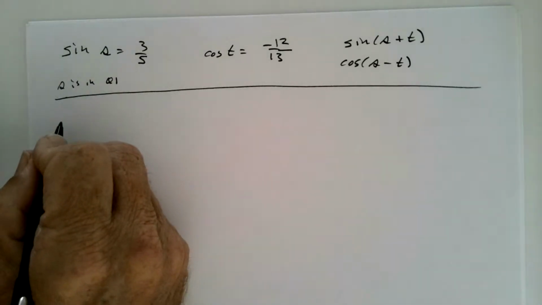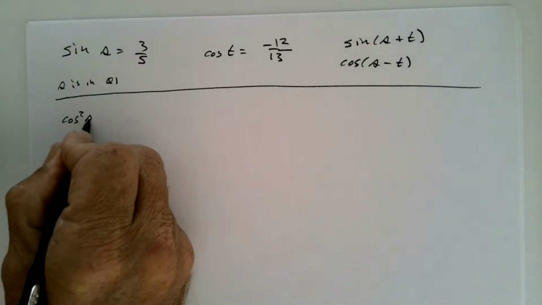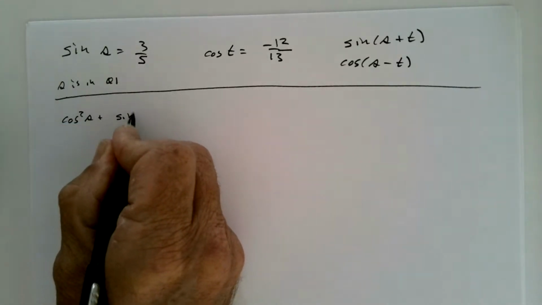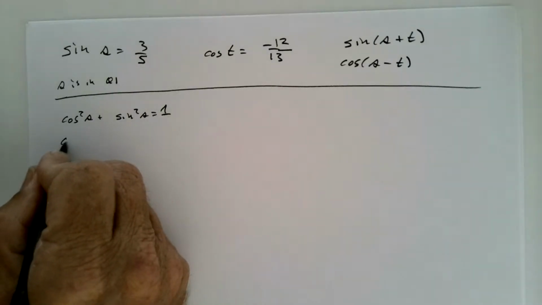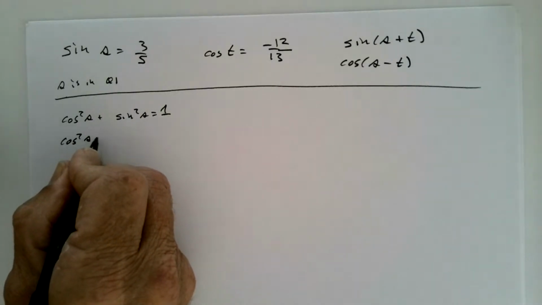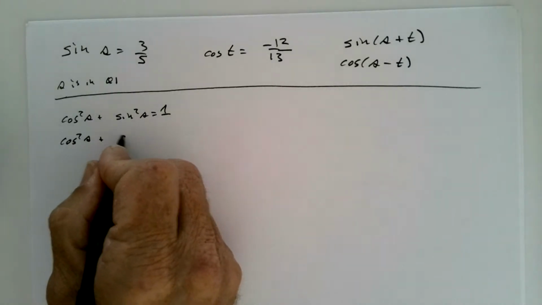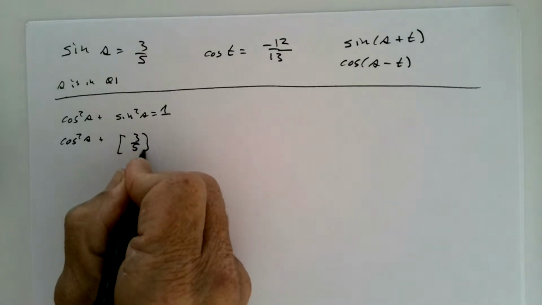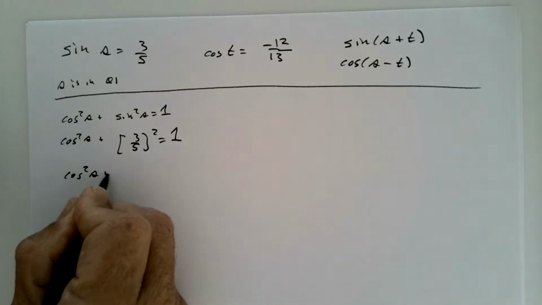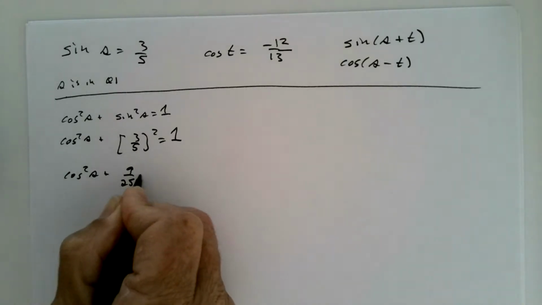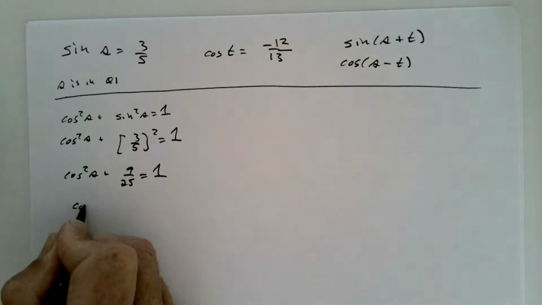Well, we know, of course, cos squared S plus sine squared S is 1. So cos squared S plus 3/5 squared is 1. So cos squared S plus 9/25 is 1.